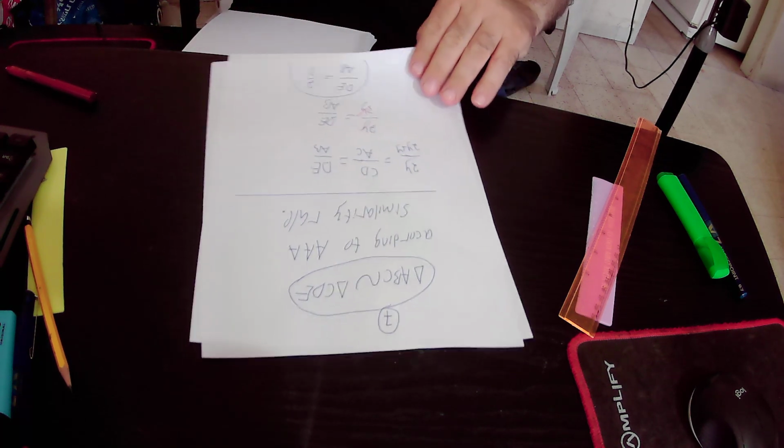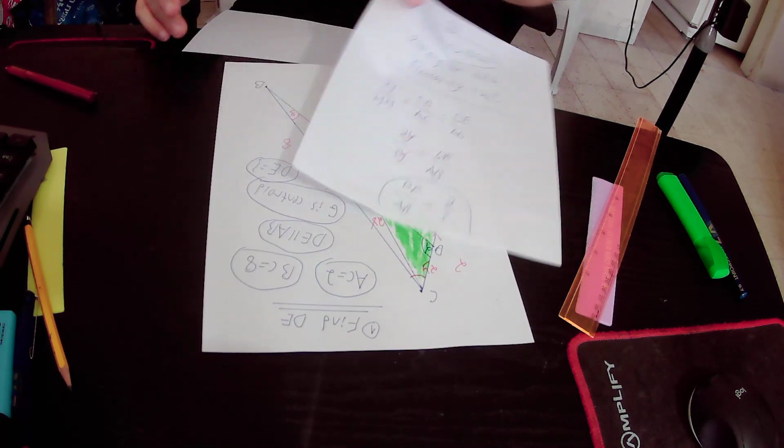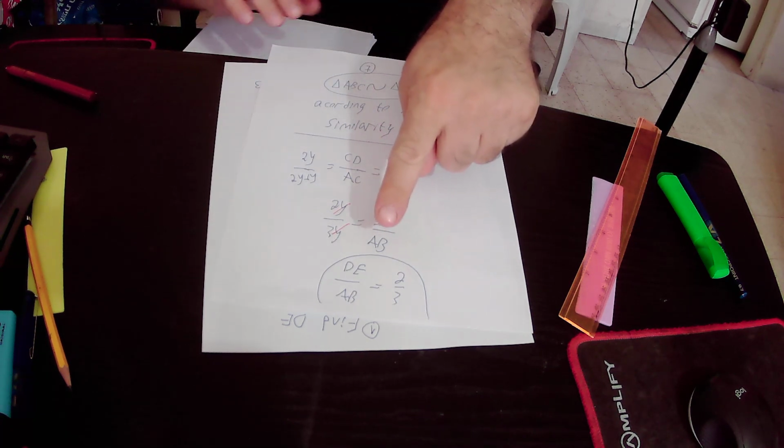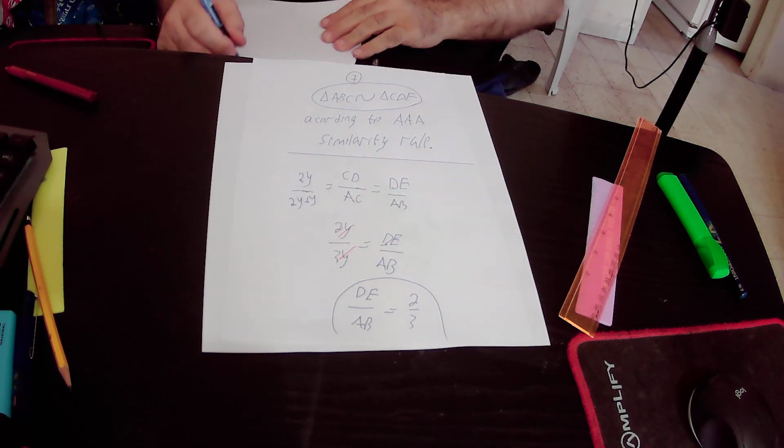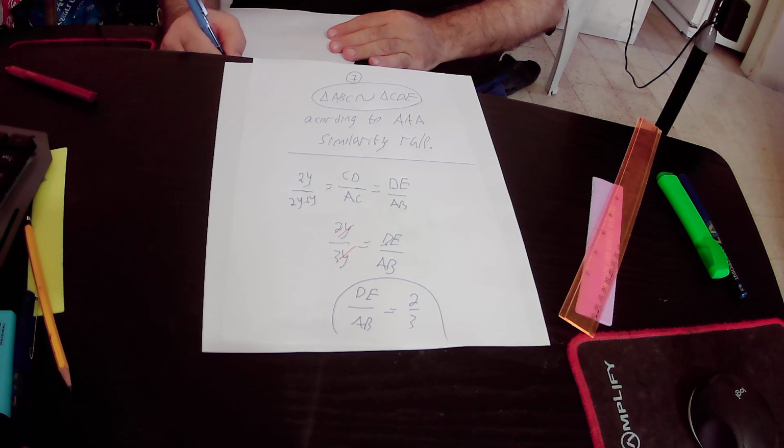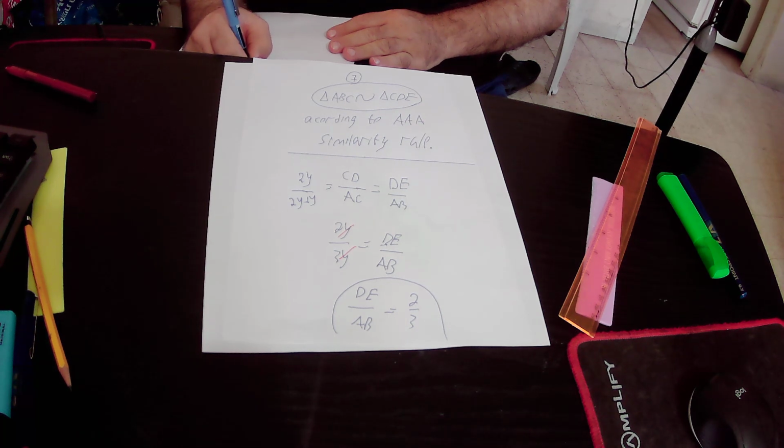Okay, so here we will multiply this equality by AB, and we will get that 2/3 AB equals DE. So we found out the value of DE.